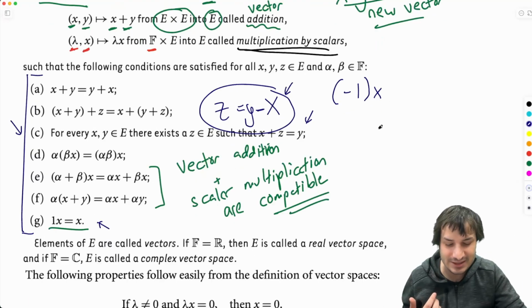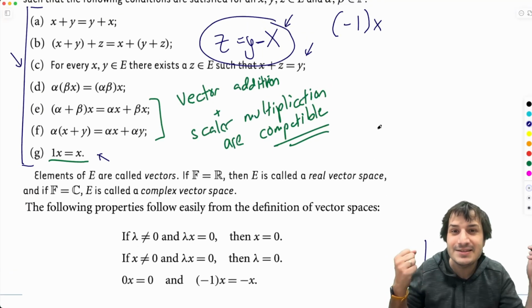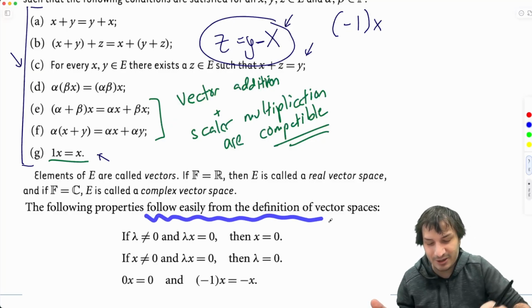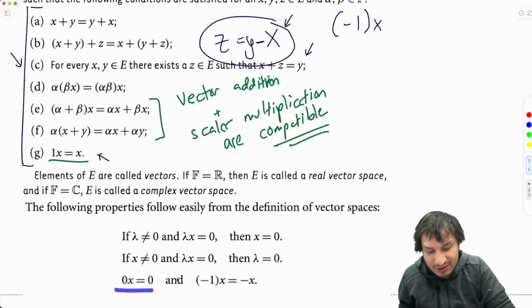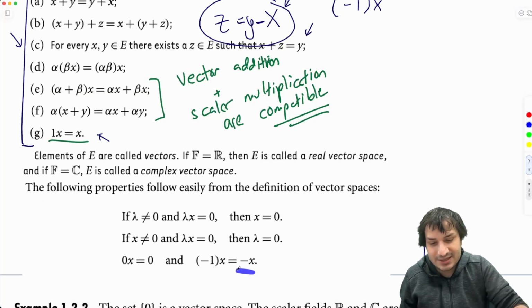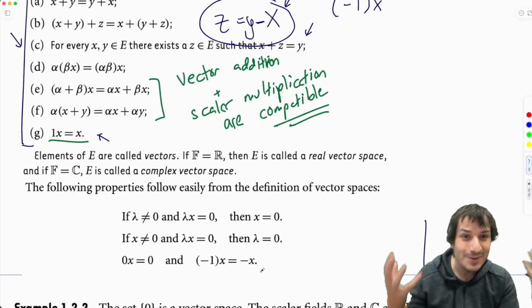And in fact, the textbook, a few pages later, has these properties, and they say the following properties follow easily from the definition of a vector space. They say 0 times x equals 0, and -1 times x equals -x. So this idea of adding vectors to get the negative, you can get it through scalar multiplication as well. If it was me, I would have just put this in the definition.